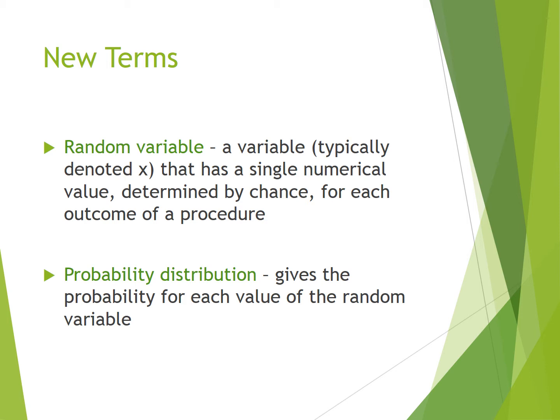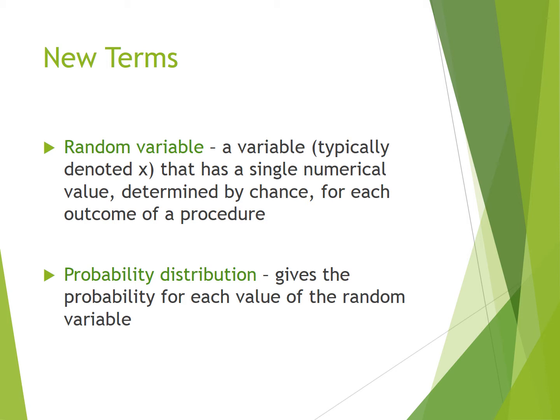Then the probability distribution is each of the values of the random variable with their given probabilities. For example, let X be the number of girls out of 3 children.